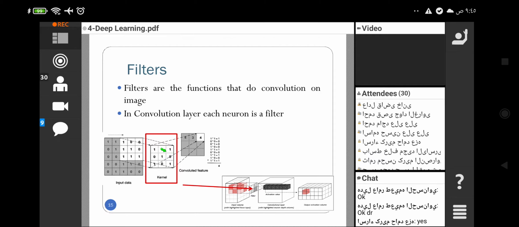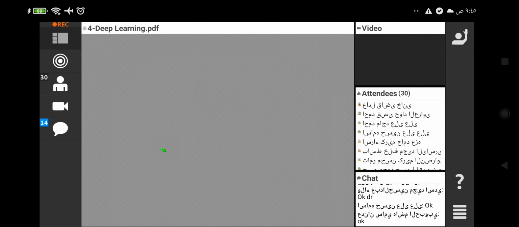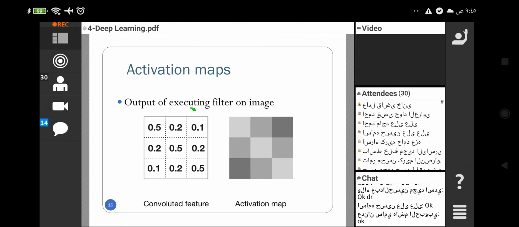So this is the convolution layer. In the convolution layer we have some neurons, and each neuron has some numbers inside it, and those numbers are the weights that are being learned in that layer. And then the activation maps.